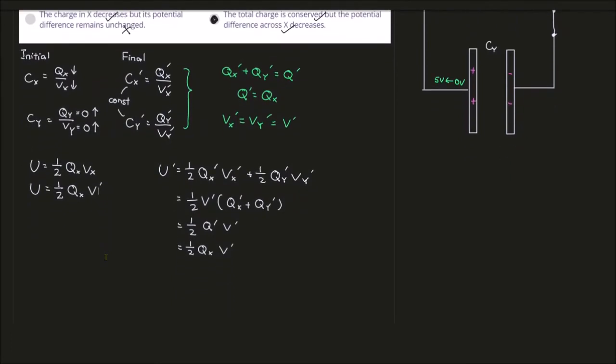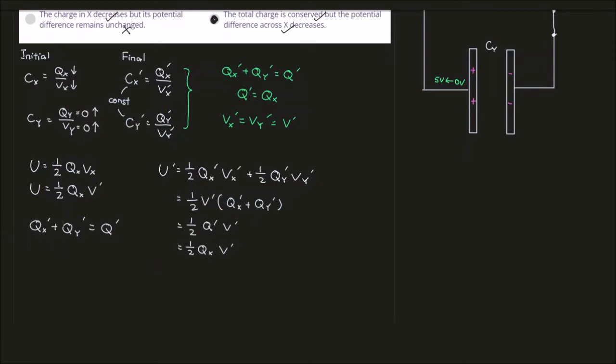Actually, to determine the relationship between Vx and V prime, what we can do is write Qx prime plus Qy prime equals Q. Why do we start from this equation? This equation includes the new situation and the old situation. Why do I say that?